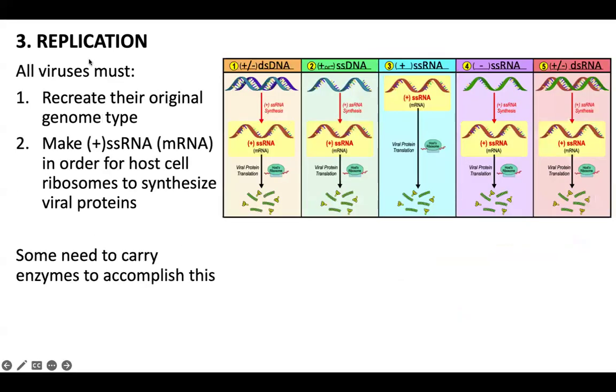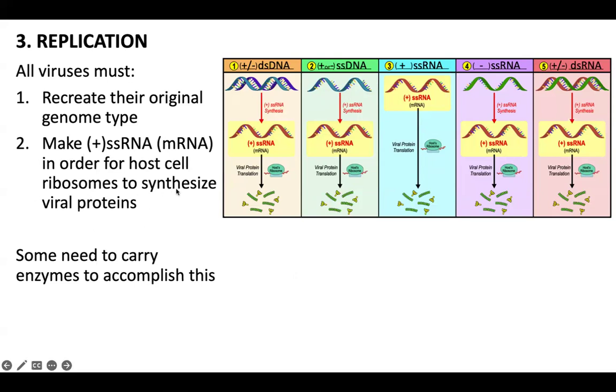Okay, so all viruses need to recreate their original genome type, right? So they need to make more copies, replications of their genome for the new viruses. And they all need to end up making messenger RNA, which is the same as the positive single-stranded RNA. And this is necessary to make any of their viral proteins, right?